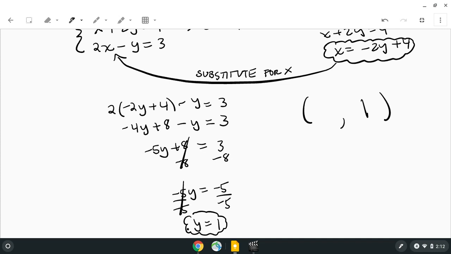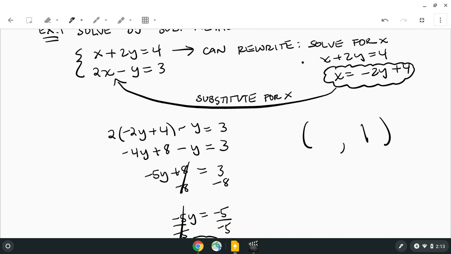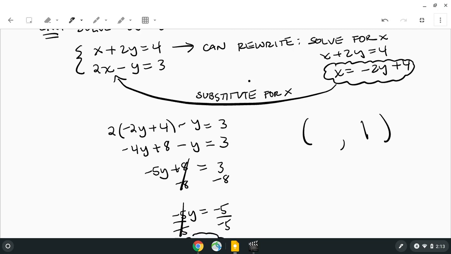And the way you do that is once you have one of the coordinates, then you can plug that into any equation that has the x and the y. It doesn't matter where. Whereas here, when you're doing the substitution, you must substitute into the other one. If you got this from the first one, you have to substitute it into the second one.